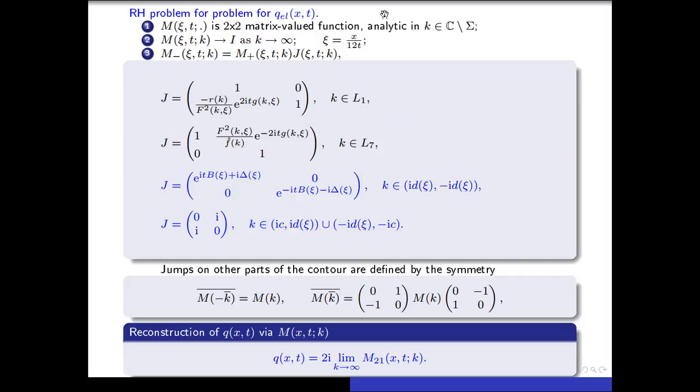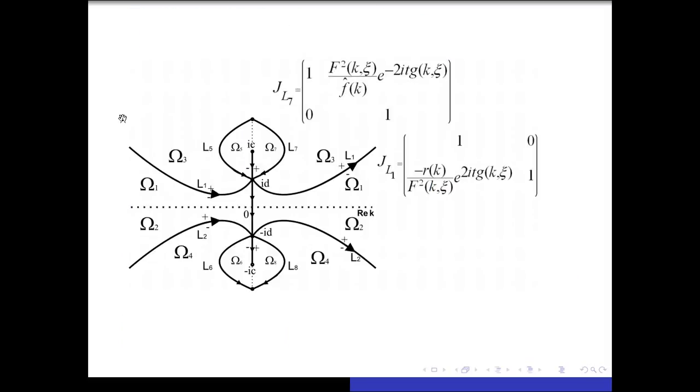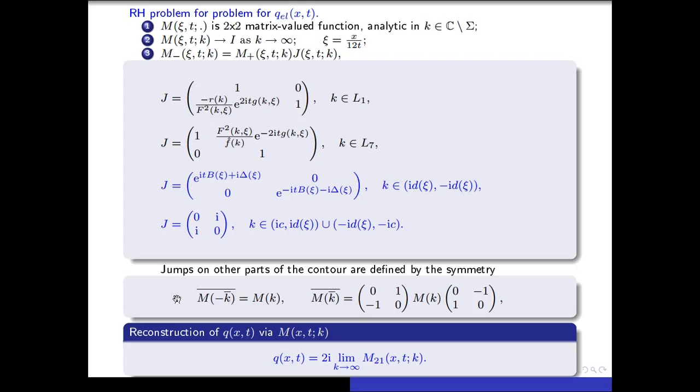Now let us take a look at the Riemann-Hilbert problem from which we get Q elliptic. So the problem is the following. We are looking for a 2 times 2 analytic function which has a jump across the contour depicted in this picture, with the following jump condition along this contour.